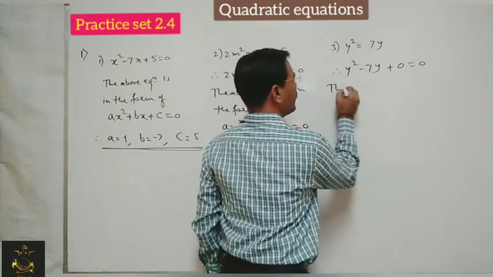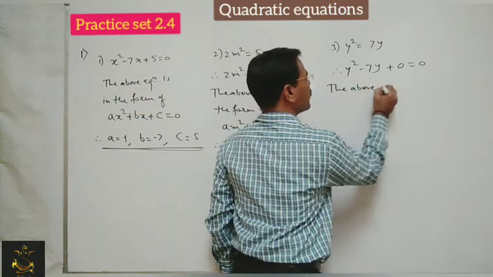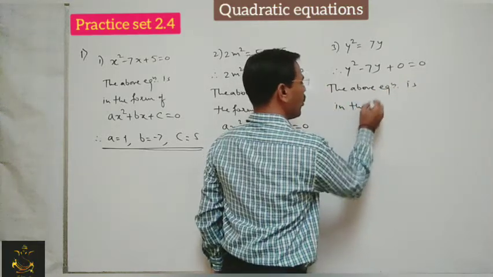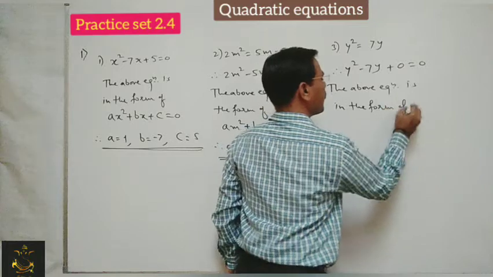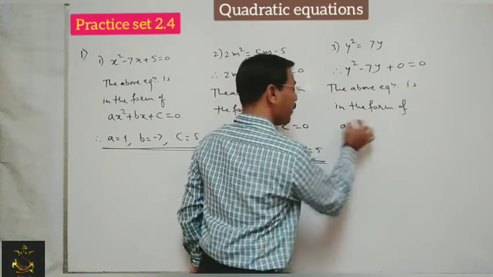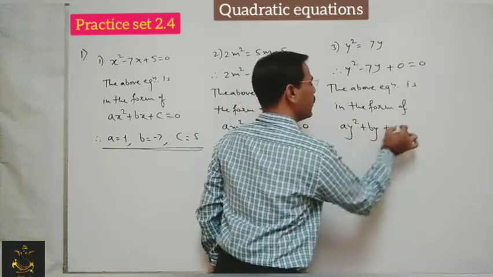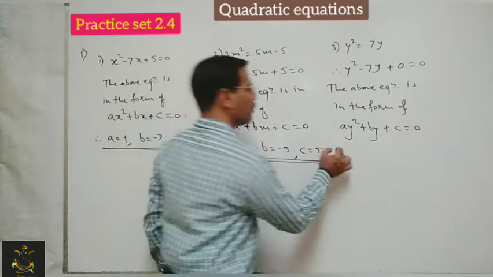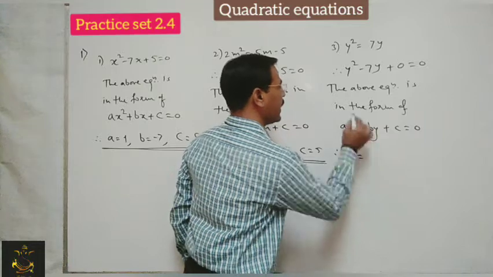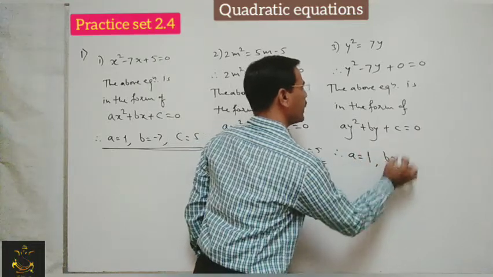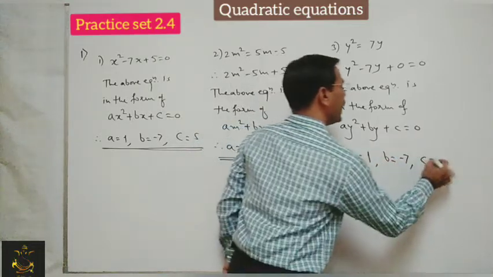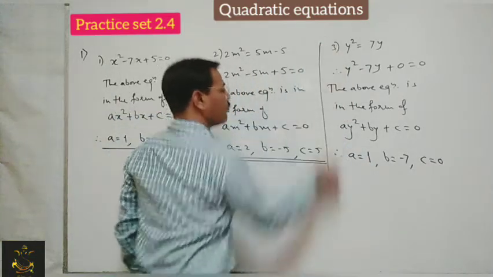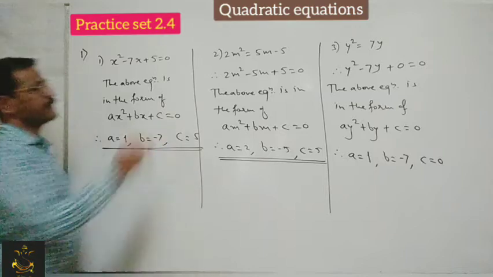The above equation is in the form of ay square plus by plus c equal to 0. By comparing, a equal to 1, b equal to minus 7 and c equal to 0. Like this we can solve the examples.